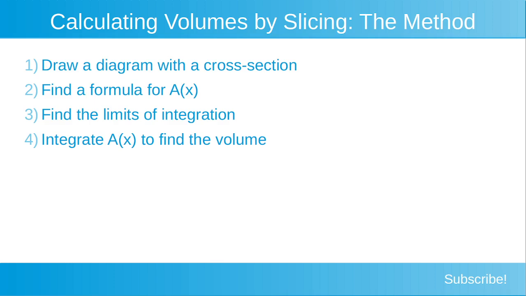And our lower and upper limits of integration will coincide with our furthest extents in the negative and positive direction. And then finally, we're going to integrate our function A of x over those limits to calculate the volume. Now, we're going to demonstrate this method very shortly, but first I just want to make one extra point.